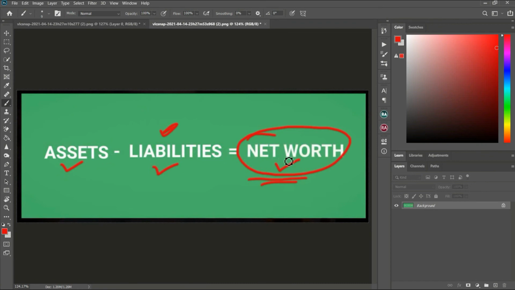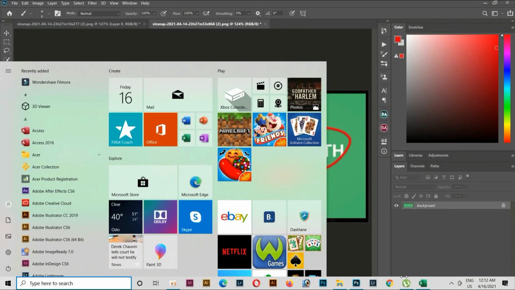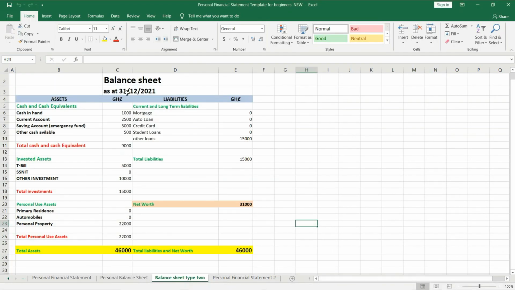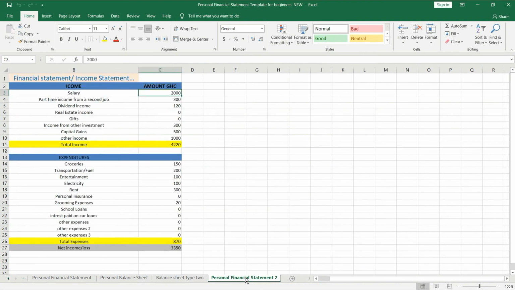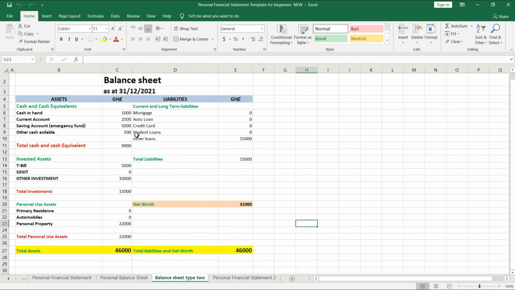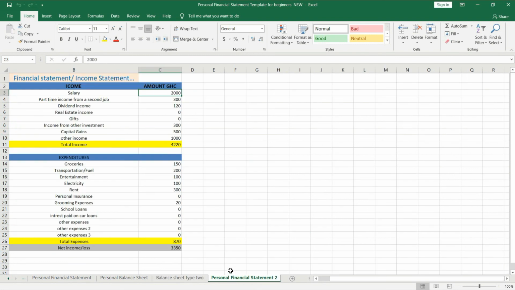Now let's move to our sheet. We have the balance sheet here, and we have the personal financial statement, that's your financial statement. I would like to explain the financial statement first, then we move to the balance sheet. So what's the financial statement?